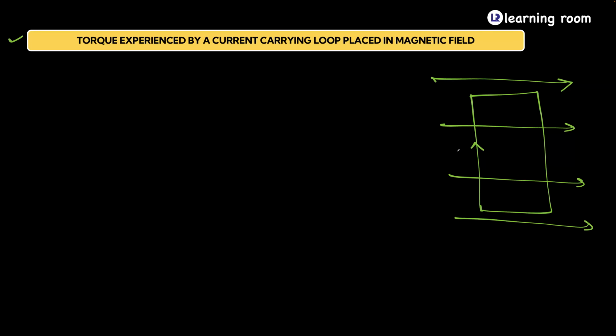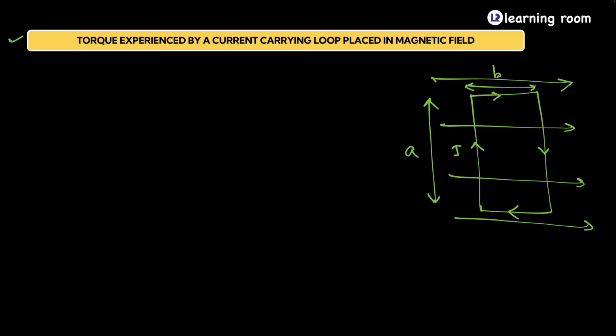Let's see. If I take this to be I, the current flows in the closed loop like this. Let's say the length of this portion is A and this is B. Is it clear till this step? I've considered only one loop. Now observe.